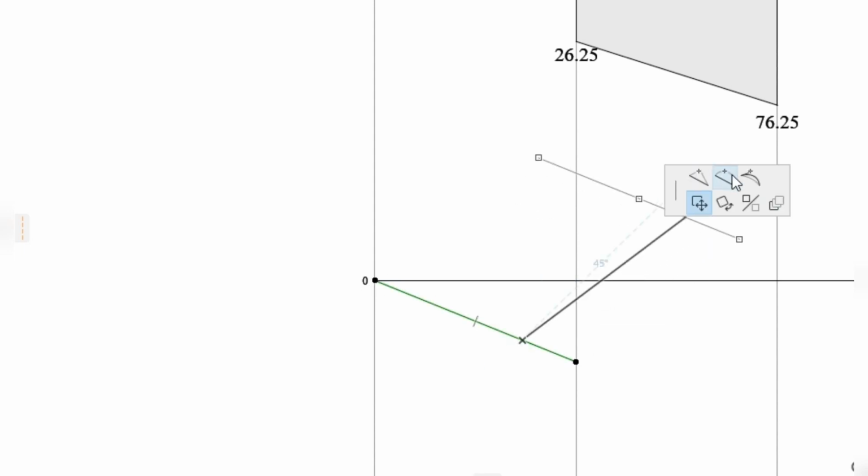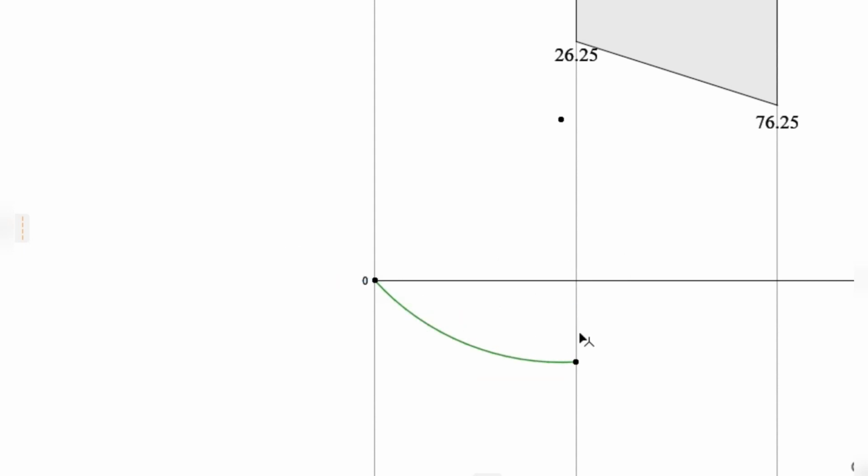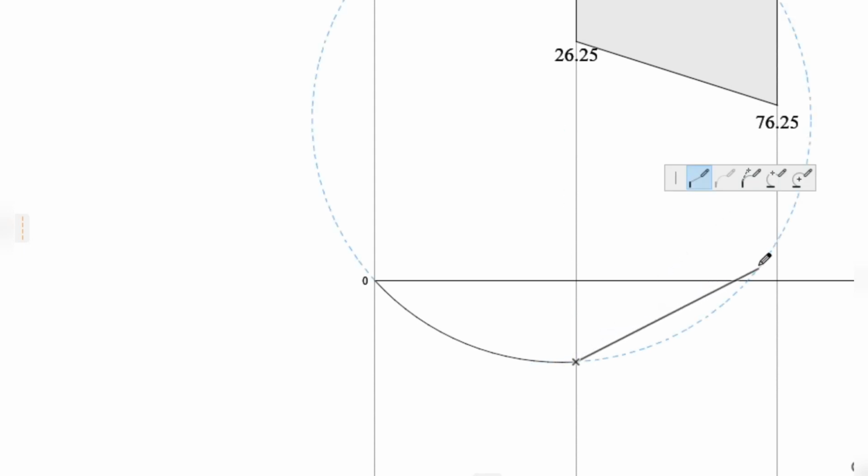And then we proceed to get the area for the second section, that is section CB, using the same formula, half h times a plus b, that is 0.5 times 2 times 26.25 plus 76.25 to get 102.5 kilonewton meters.